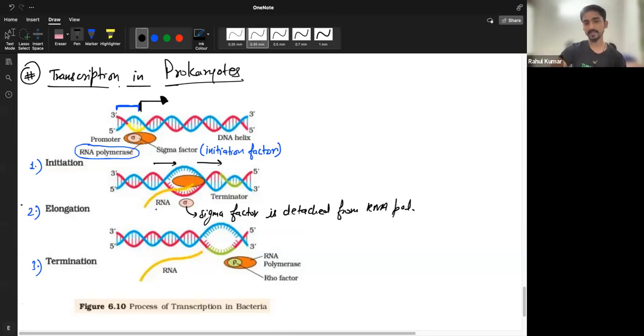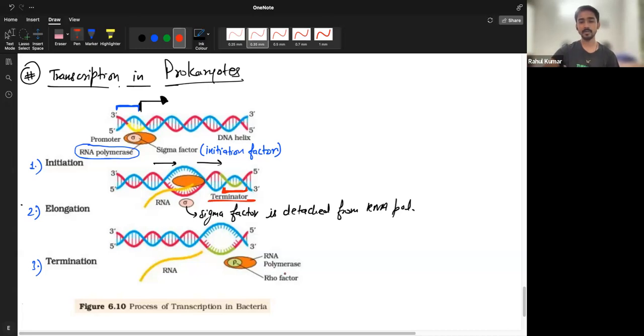Last thing is termination. When it reaches the termination site, which is this site here, let me make it in red, can you see this region? This is the terminator region. When RNA pol reaches the terminator region, again, it does not know when to stop.